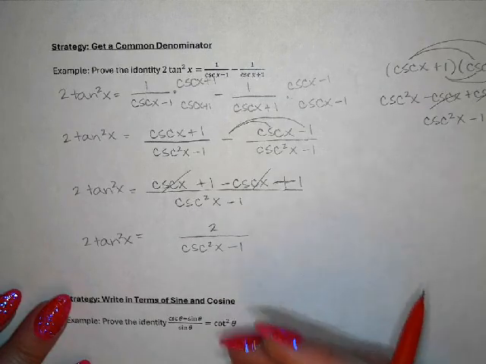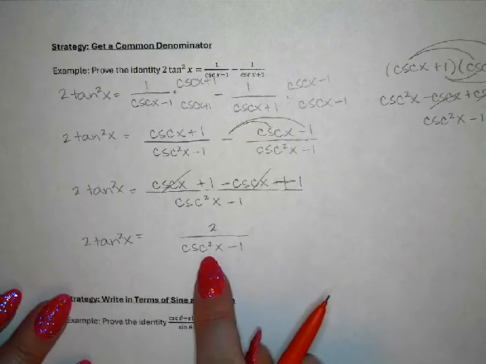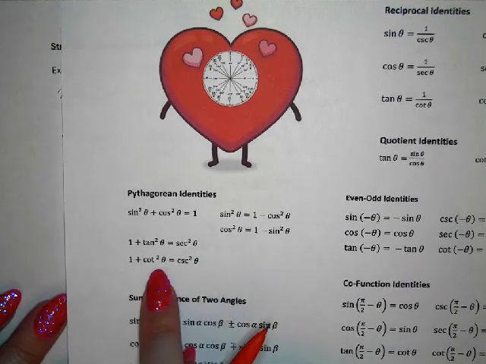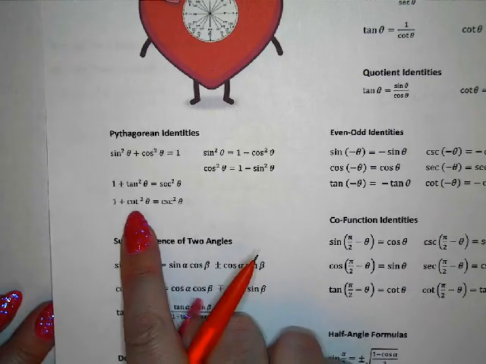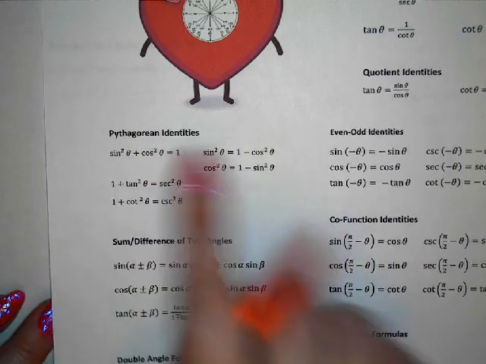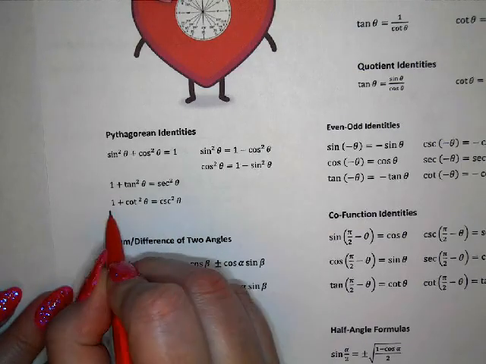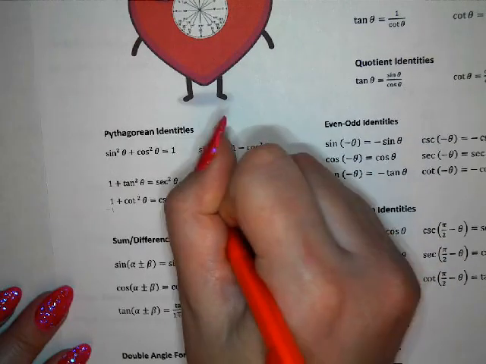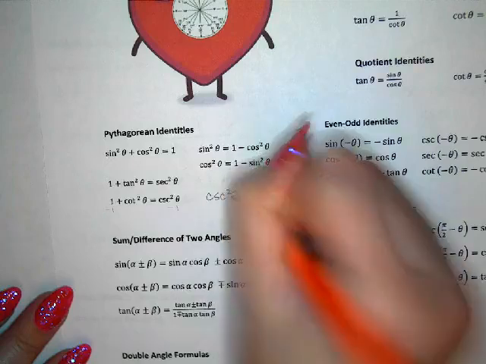So since I see a squared here, I'm going to look at my Pythagorean identities. Cosecant squared is 1 plus cotangent squared. I know that these can be manipulated kind of like I manipulated this one. So I'm going to write another version of this. I'm going to subtract the 1, and I know that cosecant squared minus 1 is equivalent to cotangent squared.